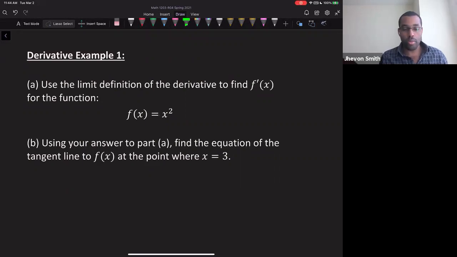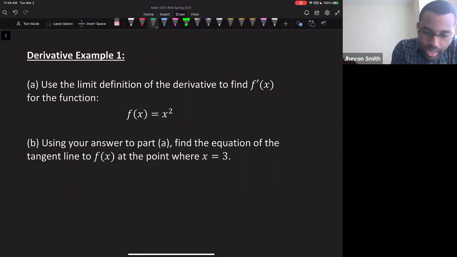It's also worth mentioning that if I ever say something like use the limit definition or use limits, then no credit would be given for any other method.